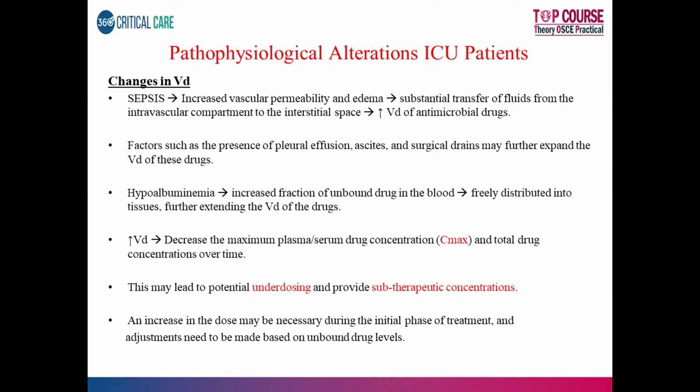That is, there is a decrease in your Cmax and the total drug concentrations over time. So this may lead to potential underdosing, and it usually provides subtherapeutic concentrations. In such cases, an increase in the dose may be necessary during the initial phase of treatment, and adjustments need to be made based on the unbound drug levels. Okay, so first is increase in volume of distribution and what are its effects.